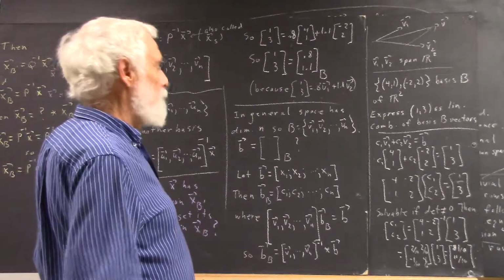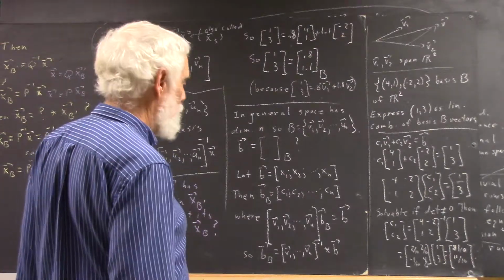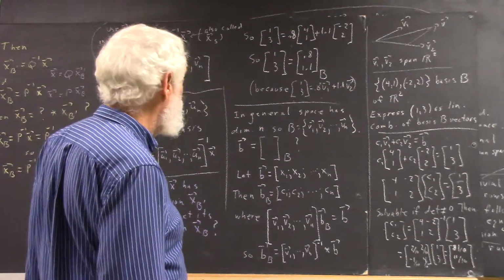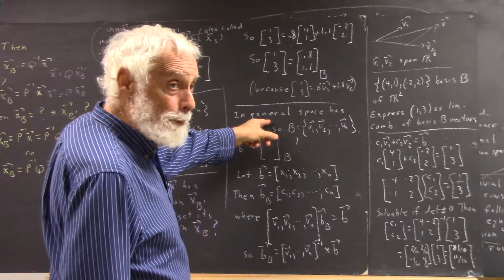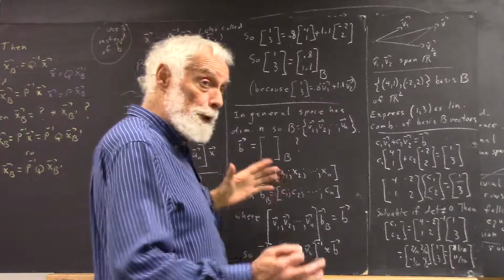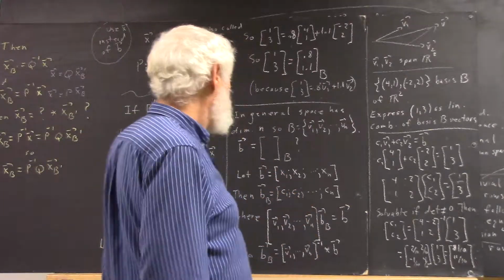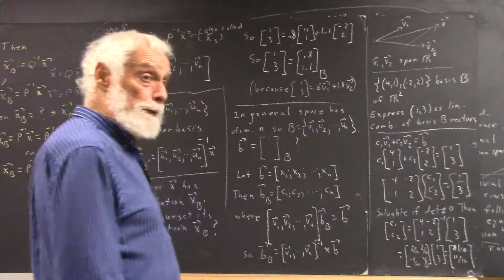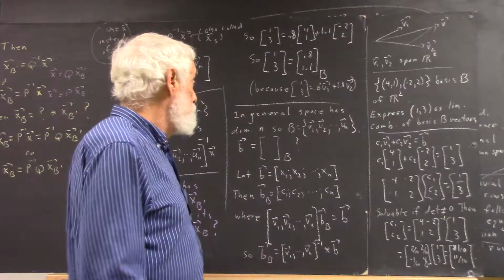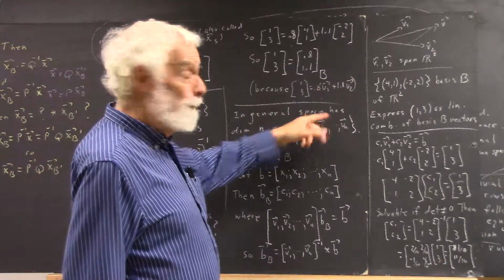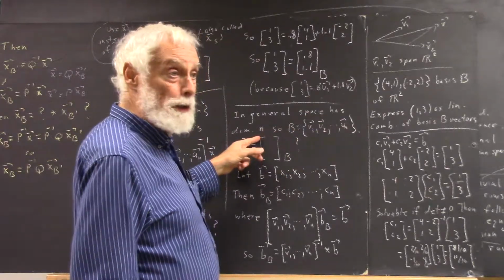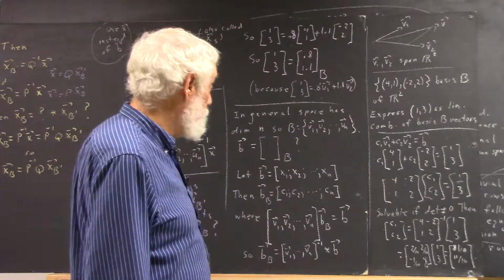Now we want to generalize this process, and it's actually pretty easy to generalize. By generalize, we mean we want to be able to do this for any space of any dimension and for any basis. In general, your space has a dimension that we can call n. That's what we usually call the dimension of a space.